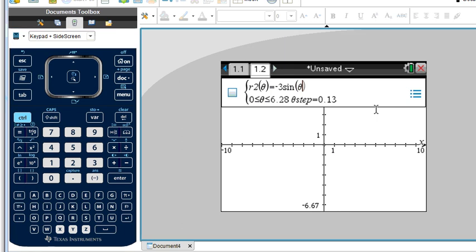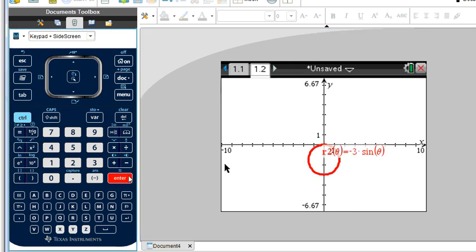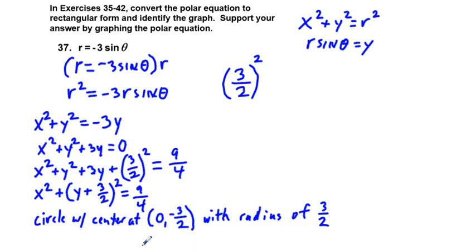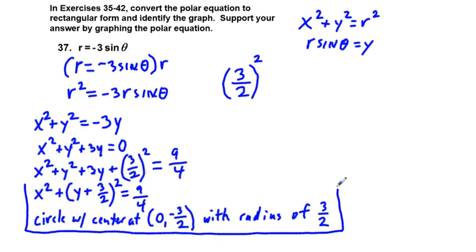Okay, we go get that theta there and graph. Well, we have a circle certainly with a diameter of 3, and its center is at 0, comma, -3 over 2. So we have a verification. So that kind of gives us a little more comfort. So I'm going to just box in what we have here. Carefully. Okay, that's problem number 37.